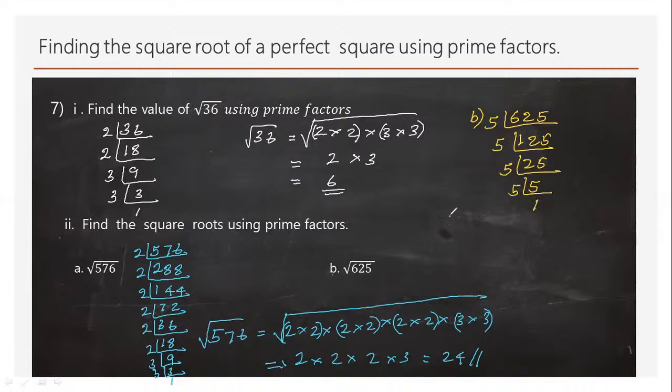So we can write the square root of 625 equals 5 into 5 into 5 into 5. Then couple these, put the bracket, then the square root of 5 squared is 5, and again 5. 5 times 5, 25 is the answer here.